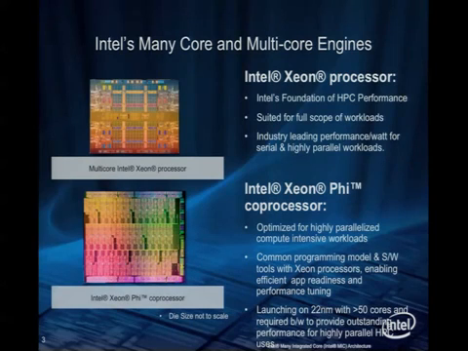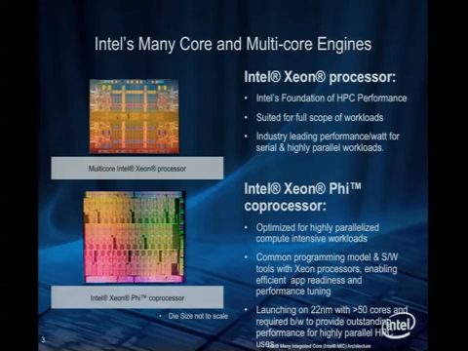Xeon Phi, you'll hear this over and over again, is for highly parallelized workloads. If you don't have a highly parallelized workload, or it can't be, Phi is not there. Another huge point which we'll continue to hammer home, and James will jump on it, is the common programming model. There are nuances about the architecture, and David was showing different architectures yesterday, different levels of cache and all that.